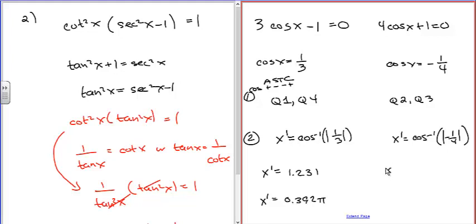Over here, we take the inverse cosine of 1/4. That's going to be equal to 1.318, and divide 1.318 by pi, and you get 0.4196 pi.